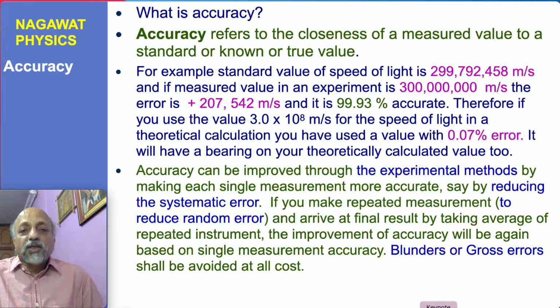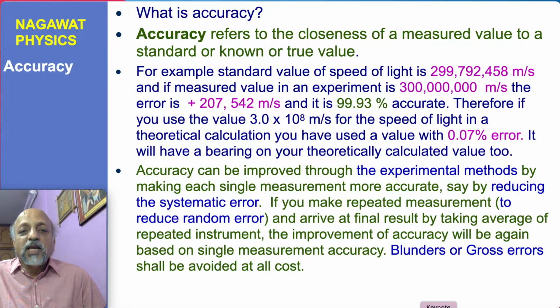What is accuracy? Accuracy refers to the closeness of a measured value to a standard value or already known value for that measurement, or what is called true value of the measurement. So it is believed that there is a standard or known or true value, and the outcome of the experimental measurement should provide us that value.